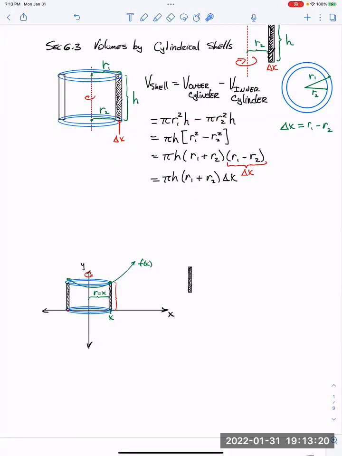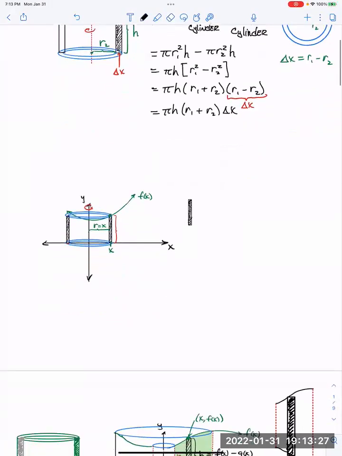Okay, so now that we have this here, we can say, as delta x approaches 0, R1 converges to R2, meaning they're basically equal.